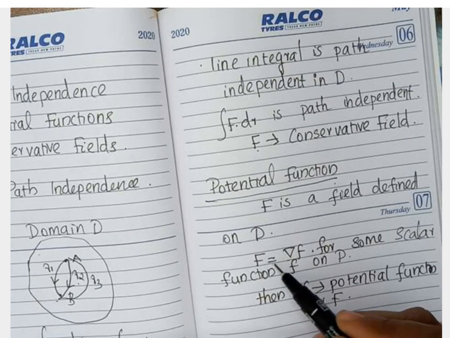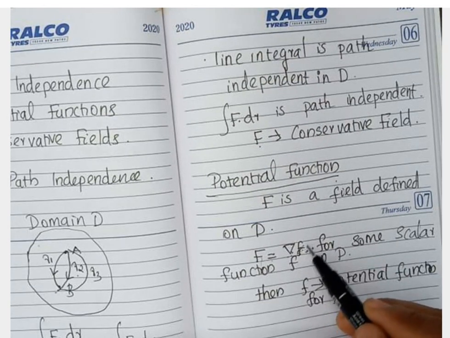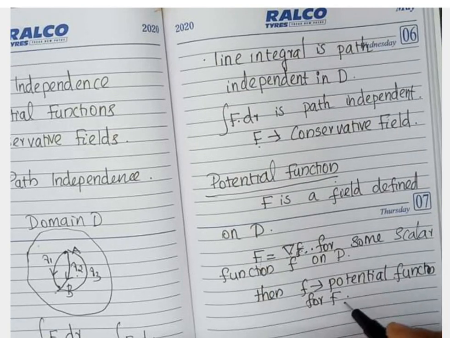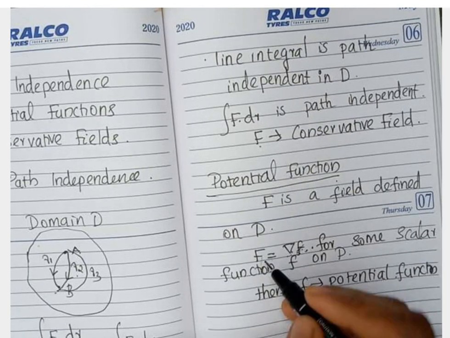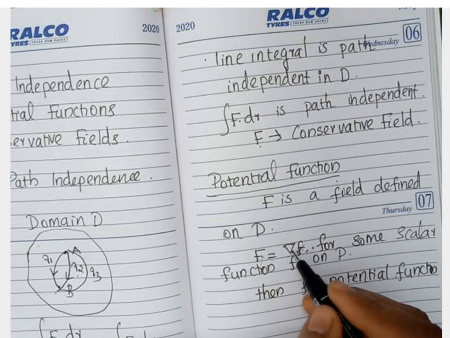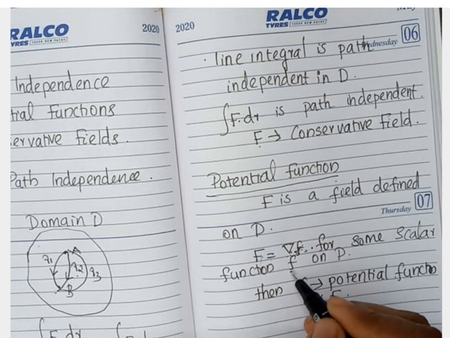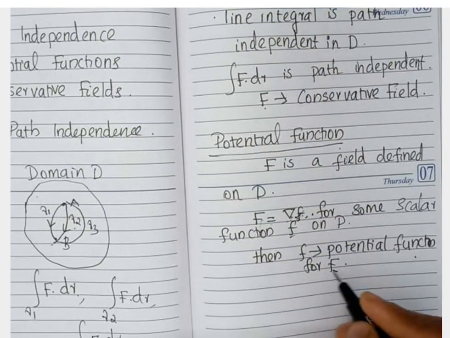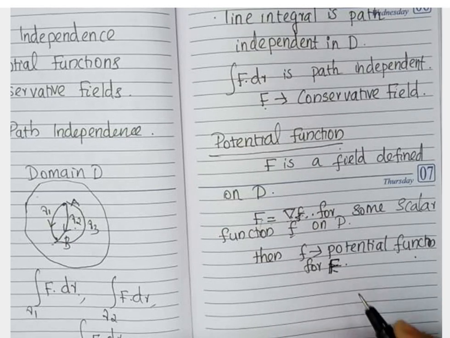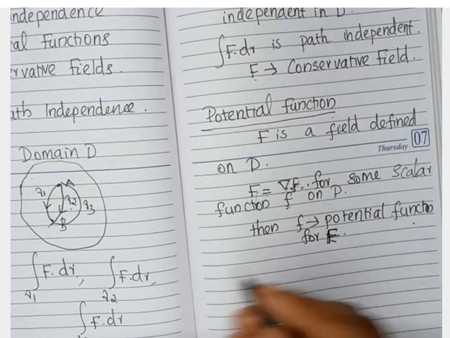If F can be written as the gradient of another scalar function, then that scalar function is known as the potential function for the vector field F. If capital F can be written as the gradient of a scalar function f, then this scalar function is the potential function for the vector field F.